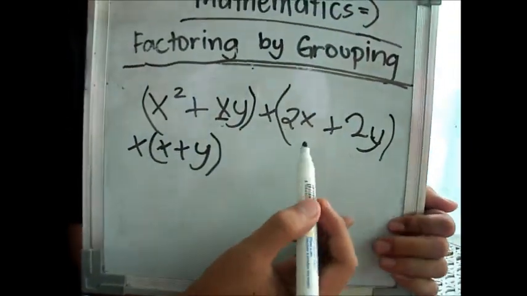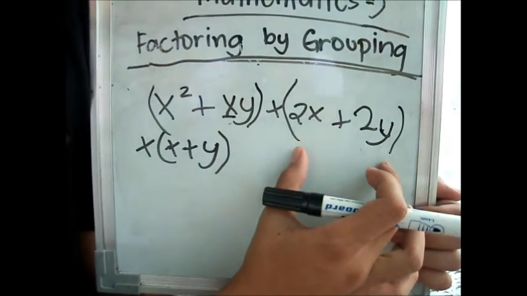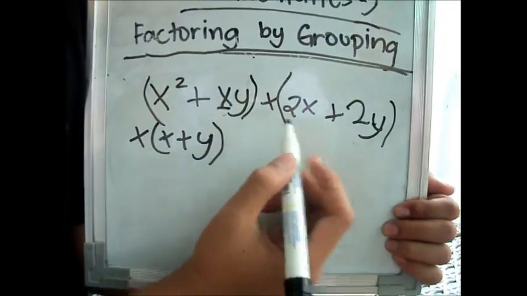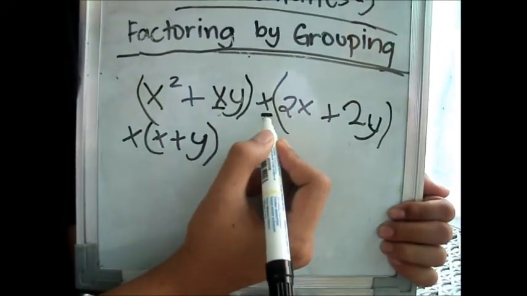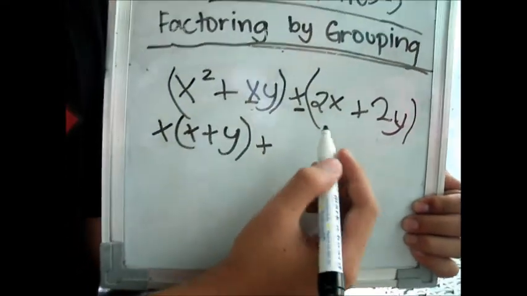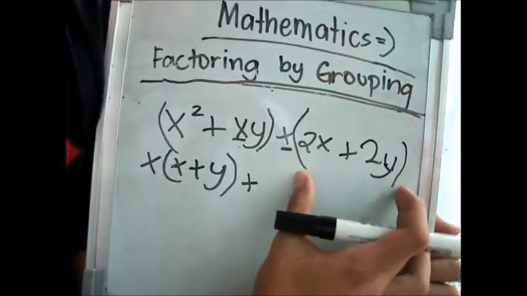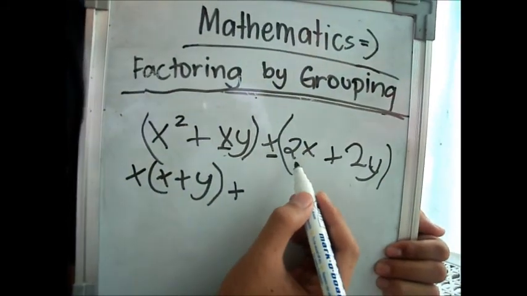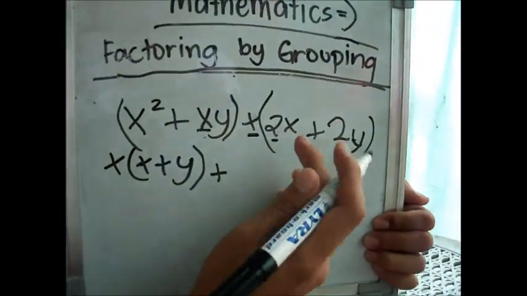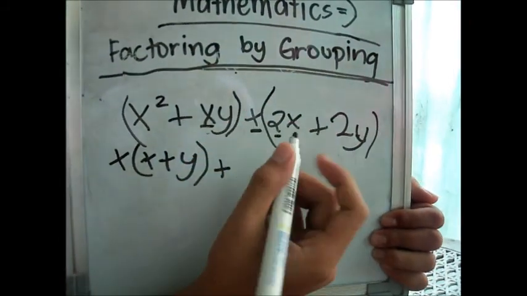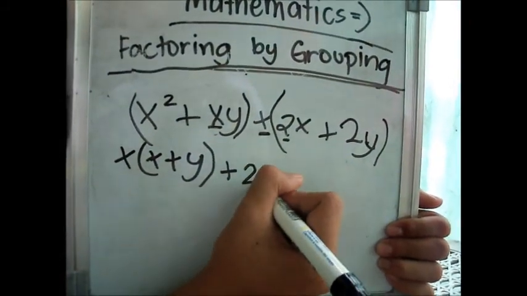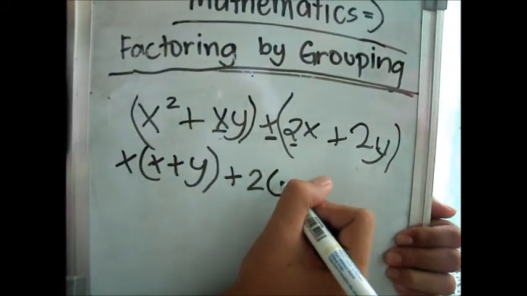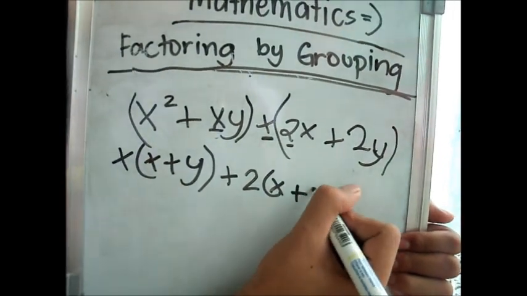The next thing you will do is find the GCF of this group. First, get the positive sign here, and then get the GCF of this group. The GCF of this group is 2. You will take the 2 out of that group and put it outside. So the answer will be x plus y.